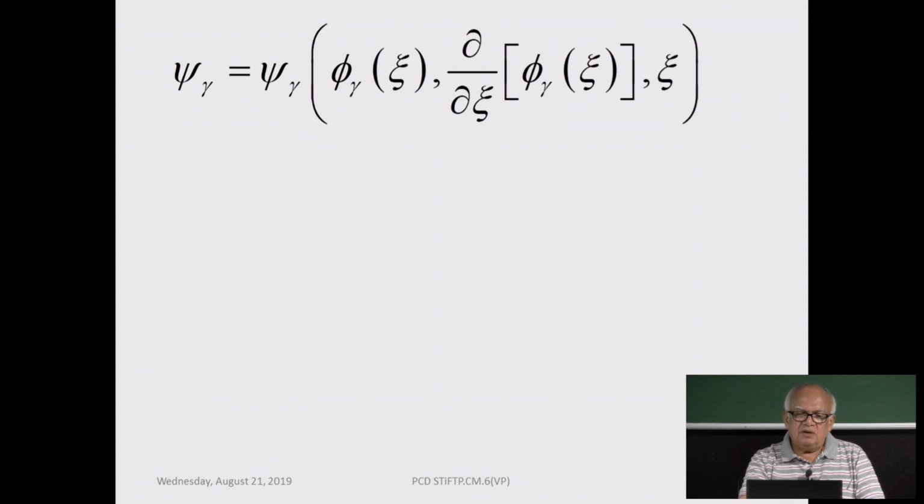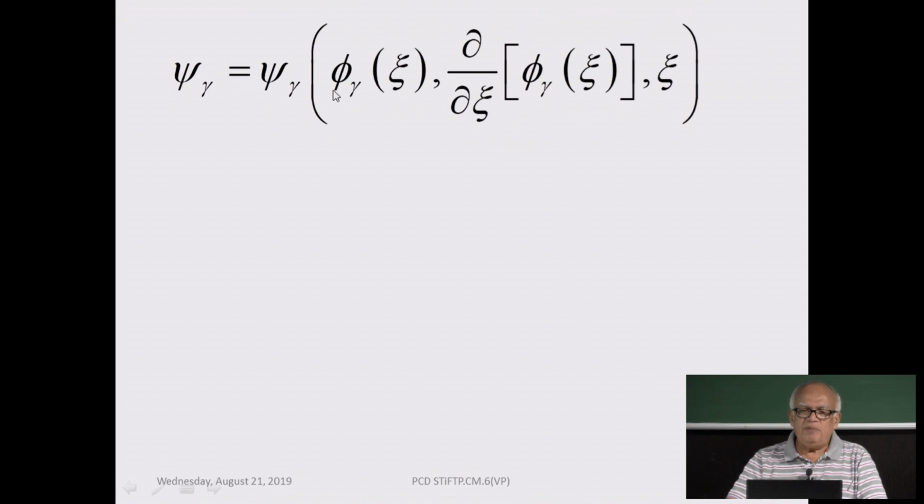But the grandpa's happiness also depends on how his son's happiness depends on his child's happiness. So there is an explicit dependence on how the grandchild performs, and there is an implicit dependence via how his son reacts to the child's performance in life in general, or exams or whatever. So the explicit dependence on xi is contained over here.